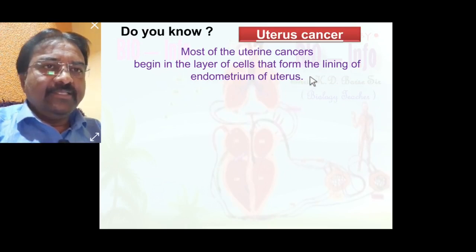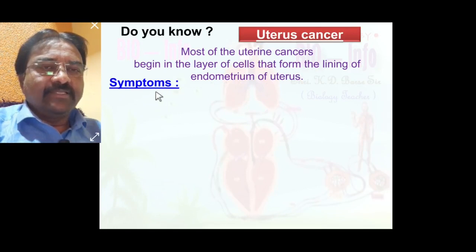You know that in each menstrual cycle the endometrium layer breaks down and a repair process occurs. So the endometrium lining is very risky during the repairing process. Most of the time uterus cancer is seen in the endometrium.